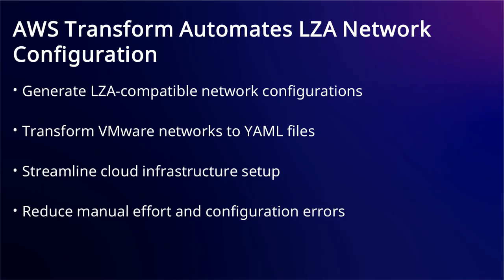These configurations are transformed into YAML files that can be directly deployed through LZA's pipeline. This streamlines your cloud infrastructure setup process. By reducing manual effort, you can minimize configuration errors and decrease deployment time while maintaining compliance with enterprise security standards.